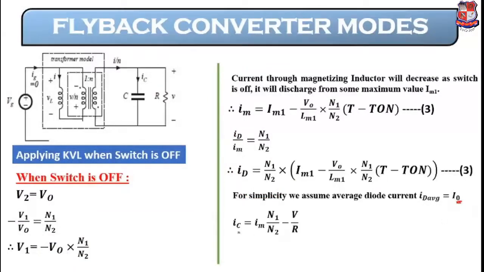And IC is equal to, so what is IC? IC will be Im into N1 by N2 minus V by R. You can write this simply using KCL at this point. What will be IC?